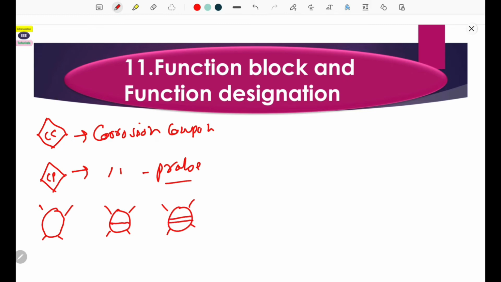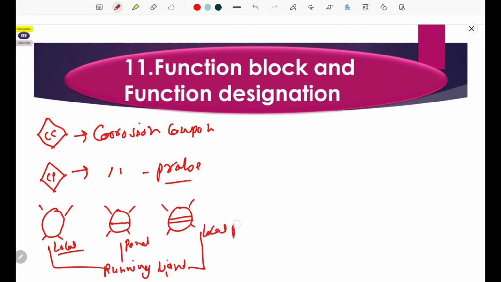Each identification is a running light. This is the running light, but this is a locally mounted running light. This is a panel mounted running light, and the third one is a local panel. So this is the meaning of each dash.